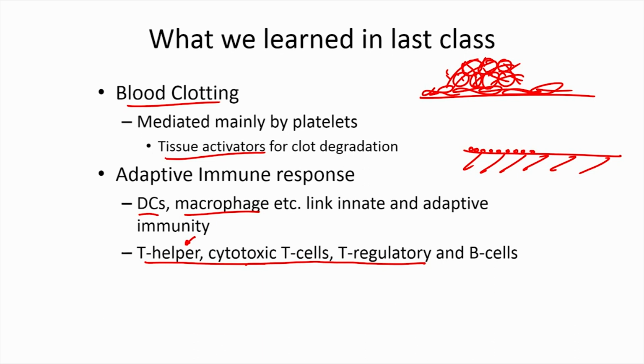You do not want your immune system to start damaging your own tissues. And then B cells are the ones that are responsible for production of antibodies. These are some of the tags, or directly neutralize whatever toxin or pathogen might be present in the system.